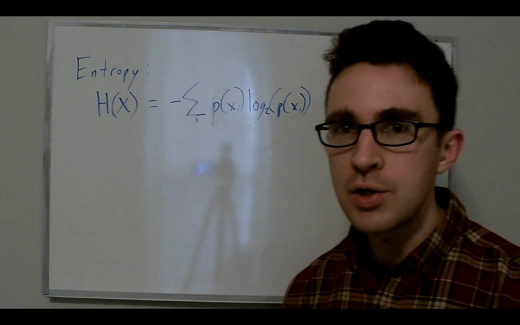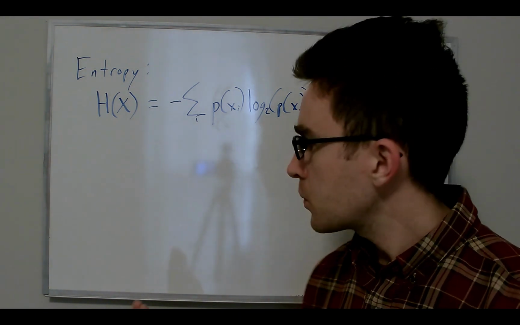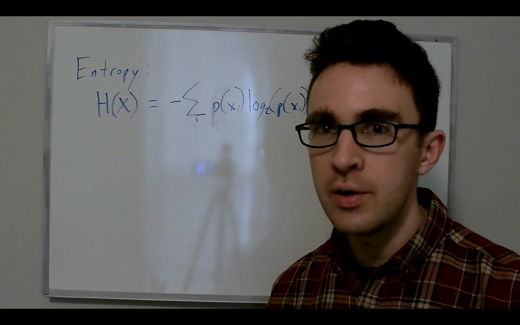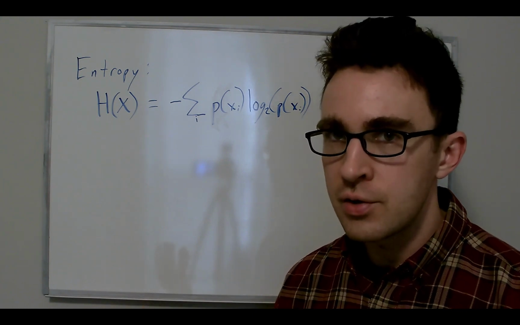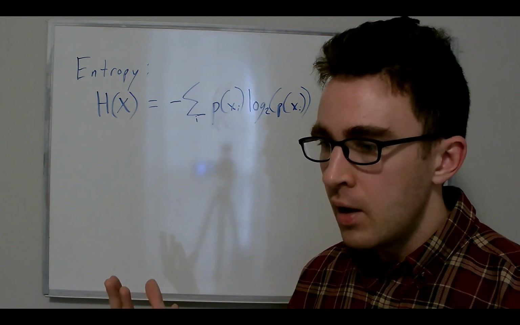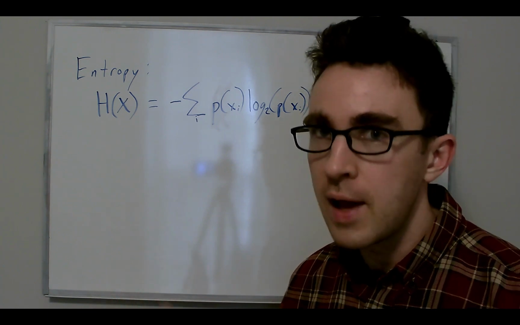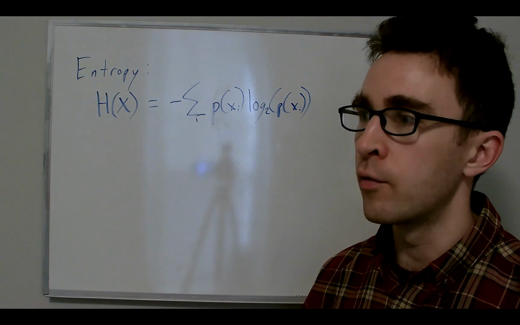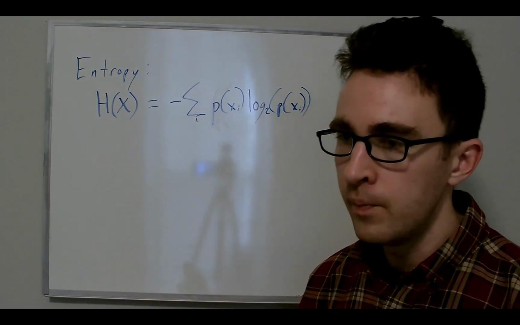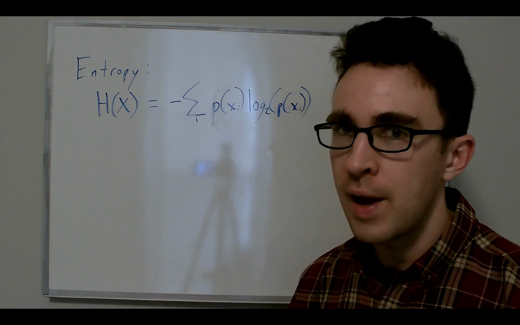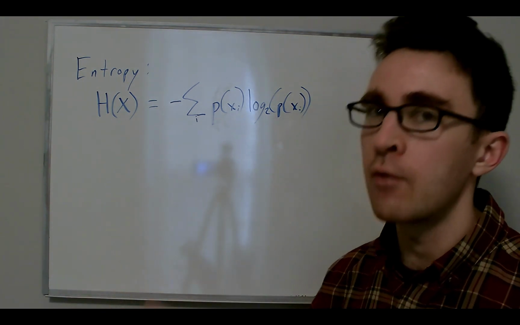Well, it means information in the sense that it measures how uncertain a random variable is, and in the same way, how much information you're getting when you find out the value of a random variable. So the more uncertainty there is to a random variable, the more information you're getting when you find out its value.